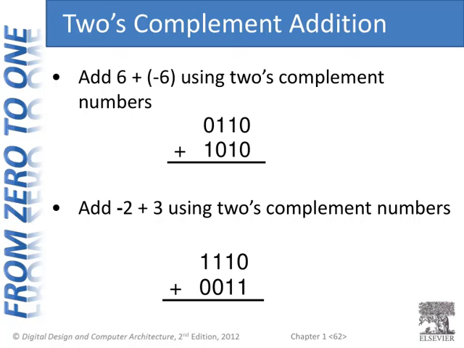So we're going to add 6 and minus 6. So you can take the 2's complement of that number. We already did, but we'll do it again. Taking the 2's complement, we'll flip the sign. I know it's a negative number already because it has a 1 in the most significant bit. So I just want to figure out the magnitude. I take the 1's complement, invert the bits, add 1.